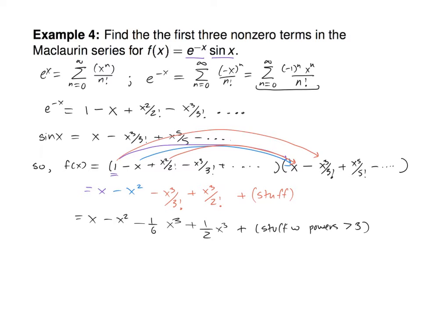That's all the stuff with larger powers. Okay, and assuming that you can add negative a sixth and a half in your head, which I definitely can't do at this stage of my life. 3 sixths minus a sixth is 2 sixths, which is 1/3. Oh my God, I just did it. So x minus x squared plus a third x cubed plus dot, dot, dot.